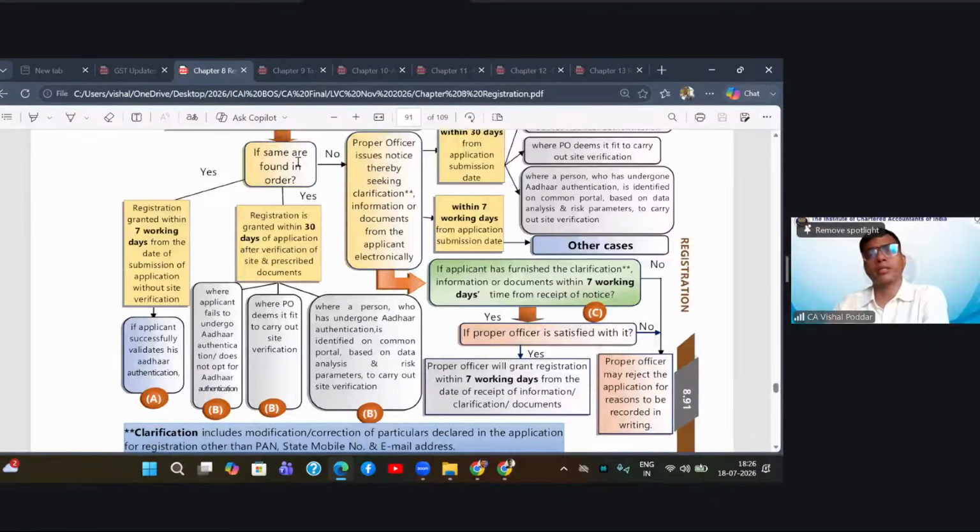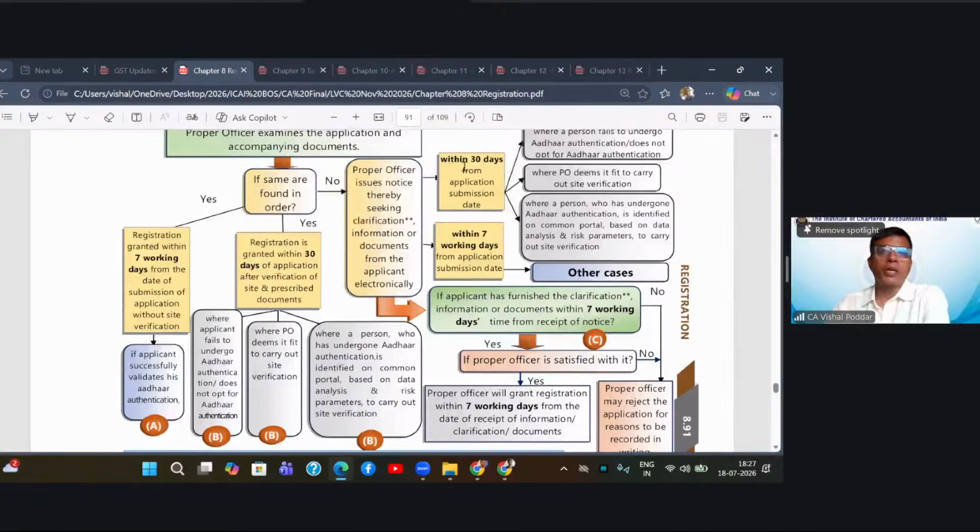Now, the other possibility is that your application documents are not found in order. Now what will happen? The proper officer will send an intimation seeking further clarifications or documents, if any.